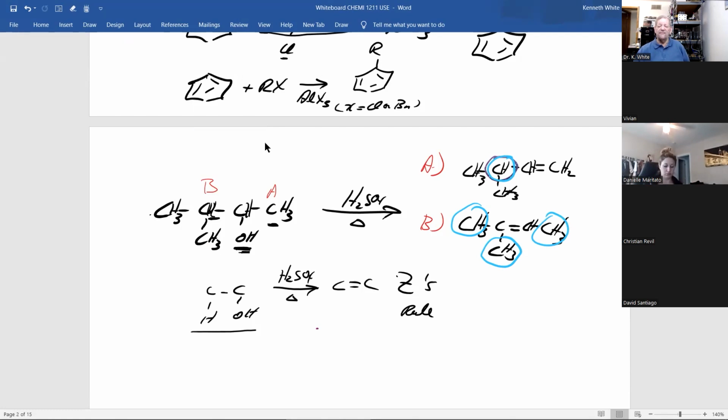And therefore, this has 1, this has 3. Which is the larger number? And time's up. Hopefully you all picked 3. And Zaitsev's rule, the way I'm teaching it, that's the product you get. Because that's the product that has the most, of those 2 choices, carbon atoms directly bonded to the carbons of the double bond. And that's how you do Zaitsev's rule.